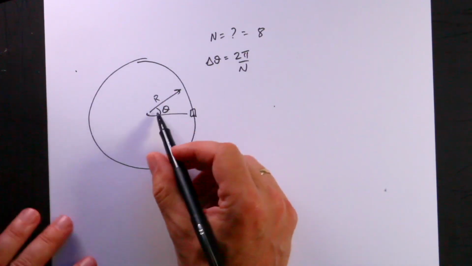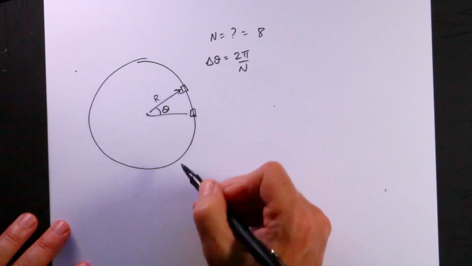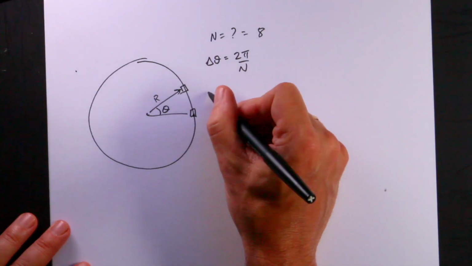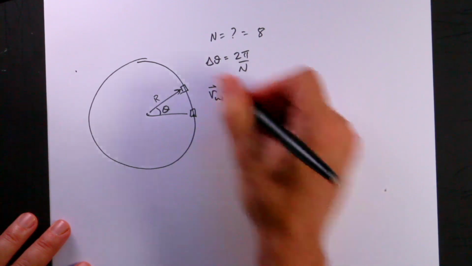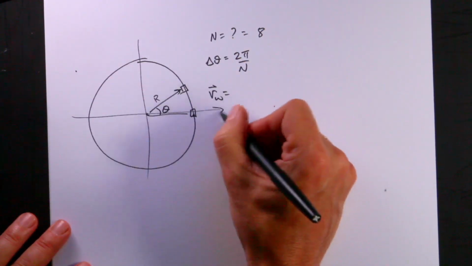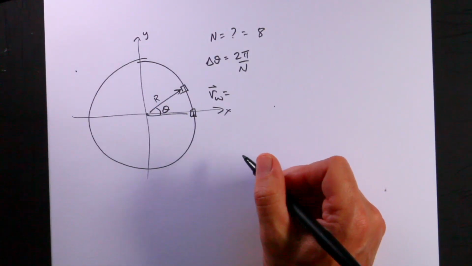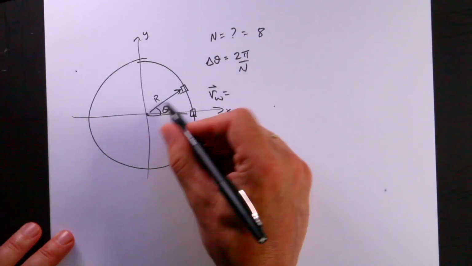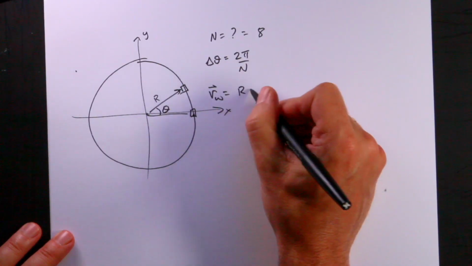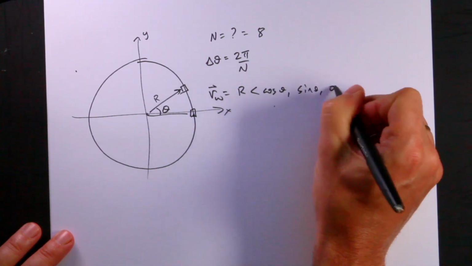If I want to find an arbitrary piece right here, I could say its r value, which I'll call r wire, in the xy plane, is r times cosine theta, sine theta, 0.